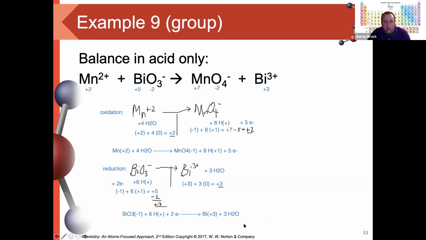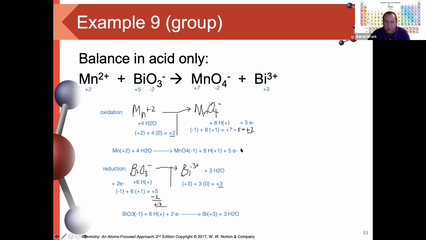Okay, and so with these 2 half reactions, we've only gone part of the way. We are now through step 3 of our 5-point procedure that we talked about.